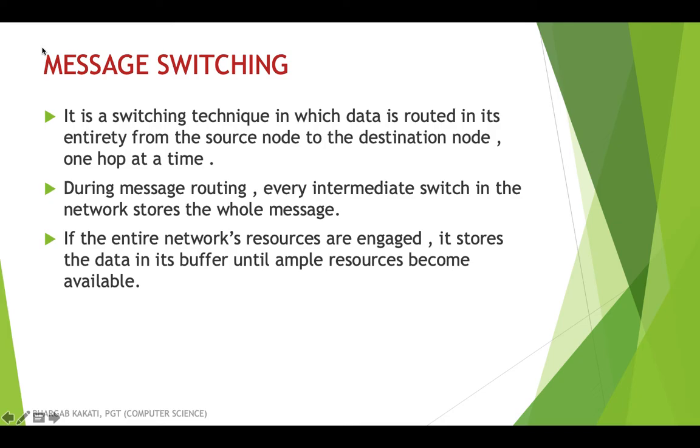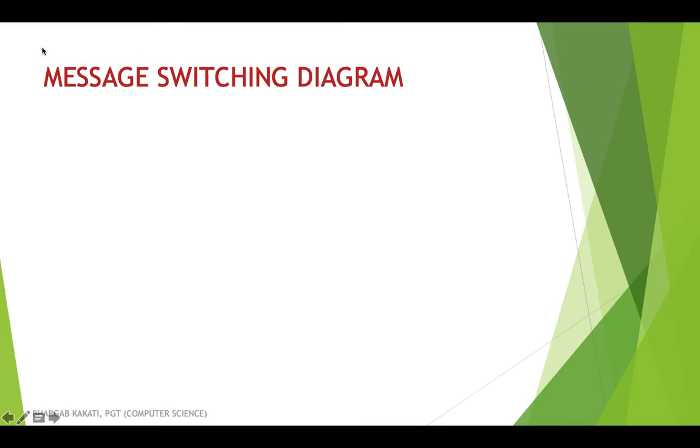Now, why is this store and forward happening? Because some of the network resources may be engaged, and if they are engaged, the current data cannot be sent to the next node. Therefore, the data is stored in its buffer, and this approach is known as the store and forward approach.